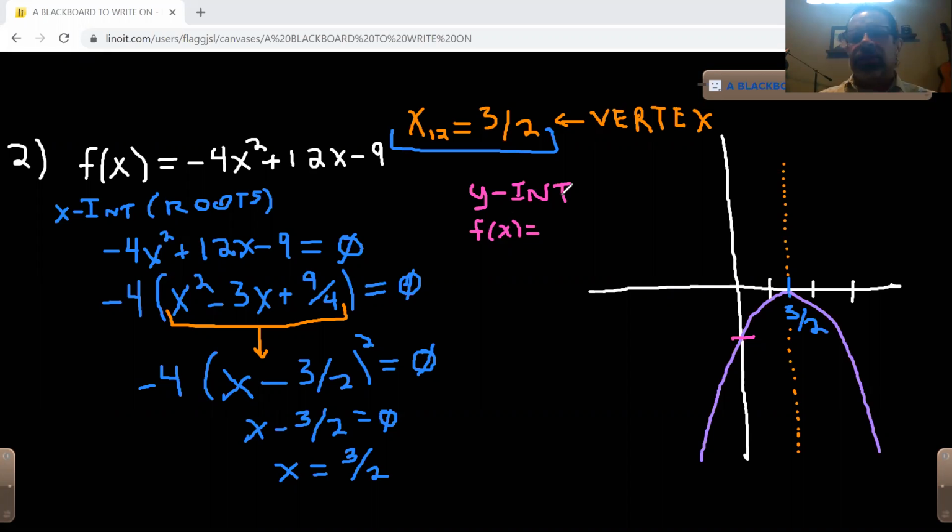This is a good observation that Estrella is making. So basically, we're finding f of 0, which is y. And if we look at the original expression, when x equals 0, this is going to be eliminated, and this is going to be eliminated. So what are we going to be left with?